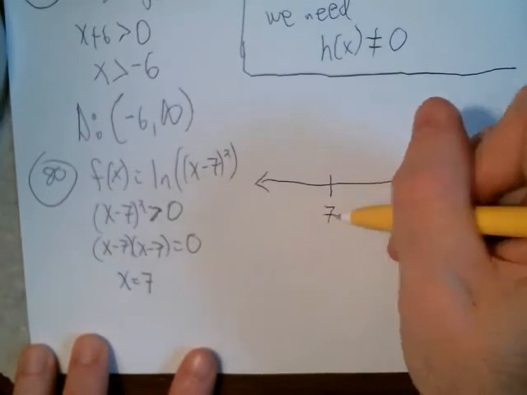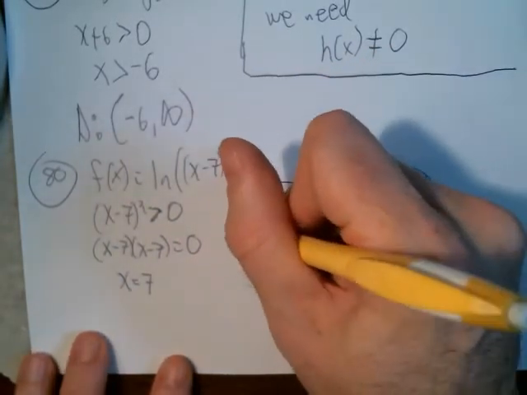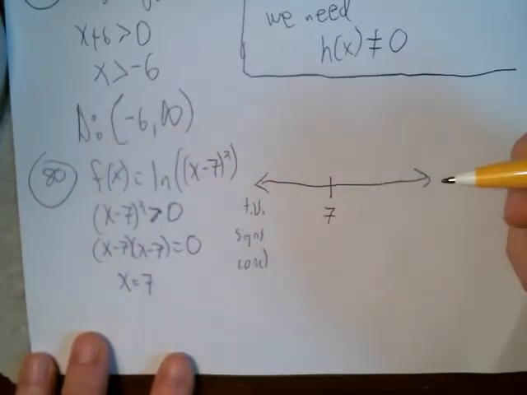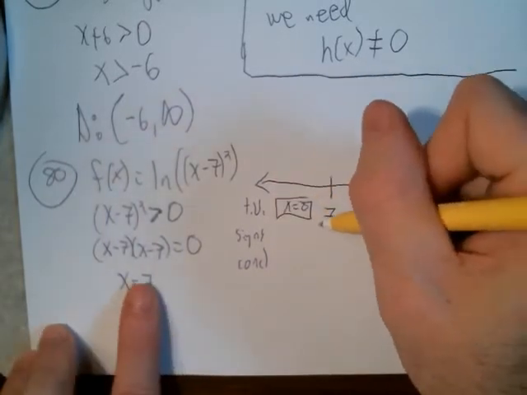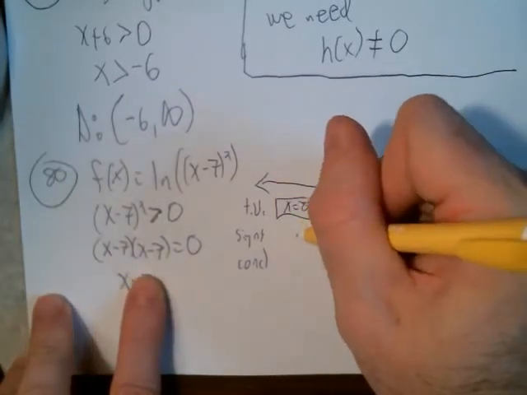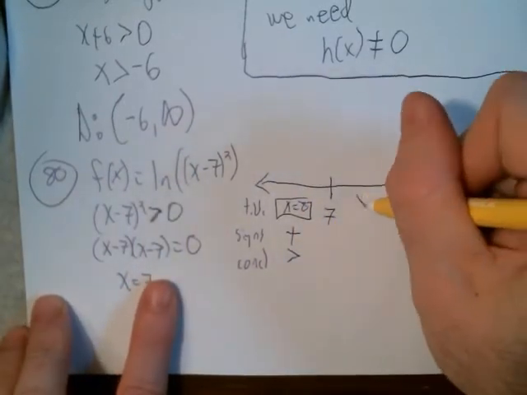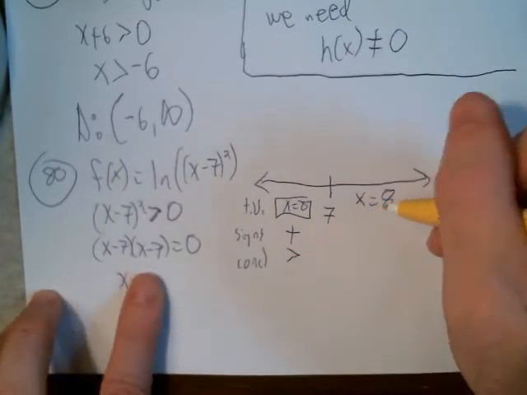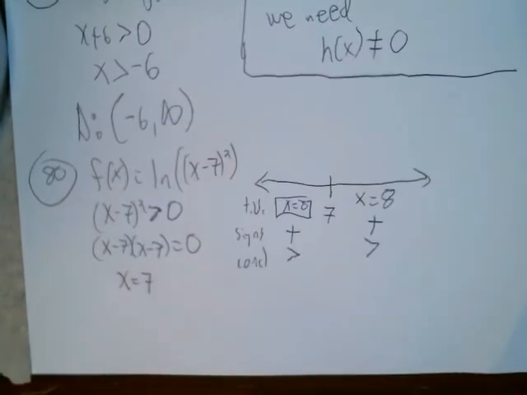And then I need to determine the solution interval using the number lines. So we have test values, we have the signs, and we have the conclusion. Okay, so I'll try x equals 0. Plugging that in here, I have a negative times a negative, which is positive, it's greater than 0, so that's our solution interval. Let's try x equals 8. If I put that in there, it'll be positive times positive, which is also positive. So it'll be greater than 0.